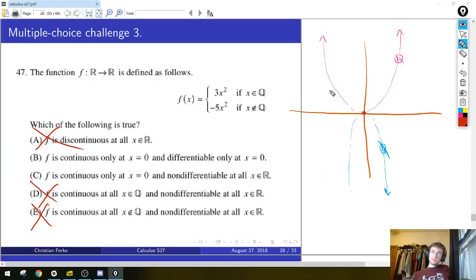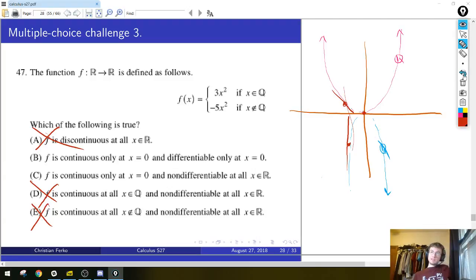Oh, I see, yeah. So at most points I agree. But let's look at this point, for instance. Does it have a well-defined derivative here? Well, no, because as you say, there are two potential slopes. There's a downward slope on the rationals, and a very steep upward slope on the irrationals. So here the derivative does not exist, because it's going to oscillate between these two very different slopes.